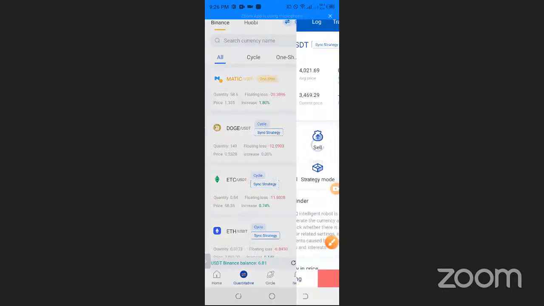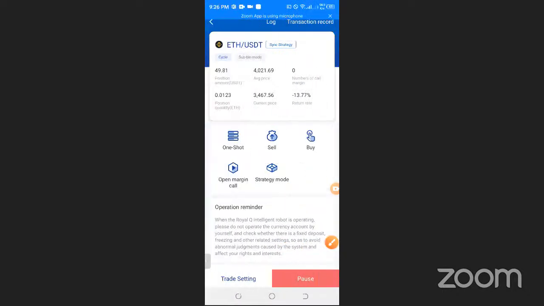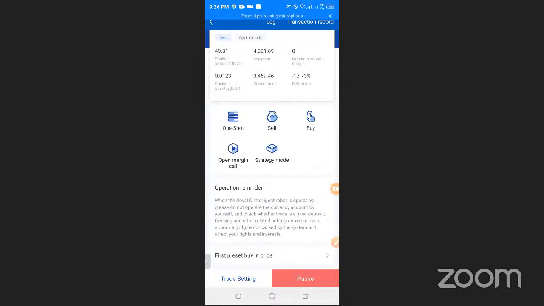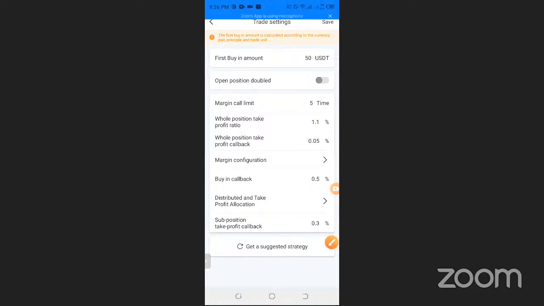You click on it, it will open up this page. And what do we do here? What we do here is you have to click on trade setting. You want to set the parameters for the trading. So you click on trade setting. So let's click on trade setting.